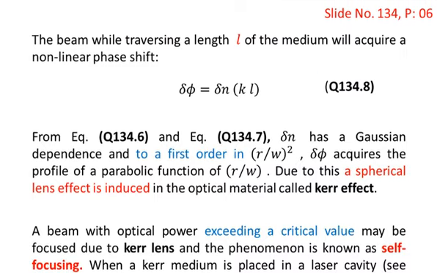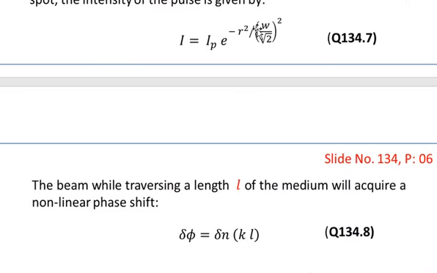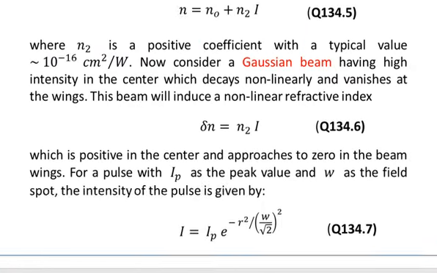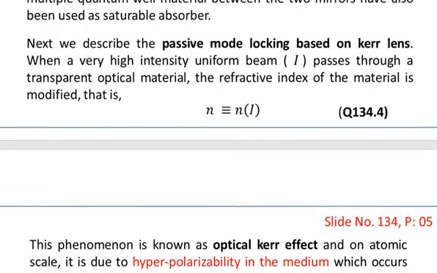It is also evident from the profile that it has a dependence of R over W square. Similarly, this dependence will be reflected in the refractive index of the medium.